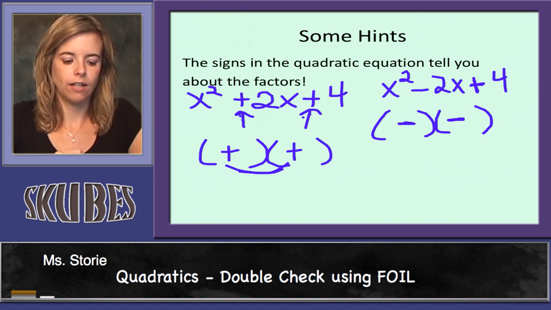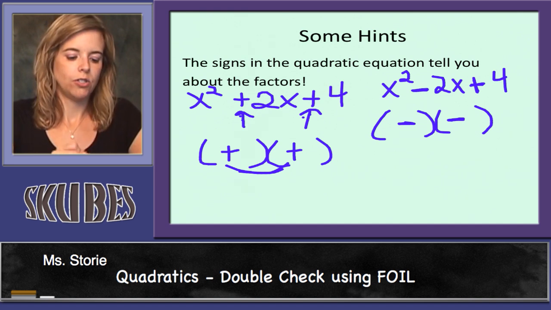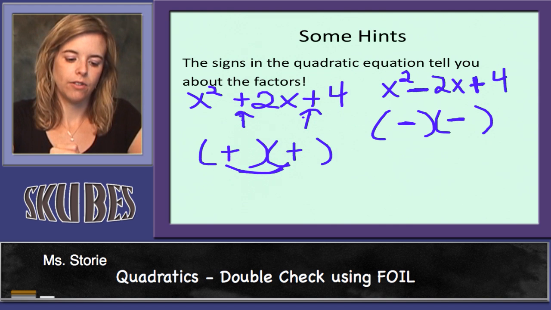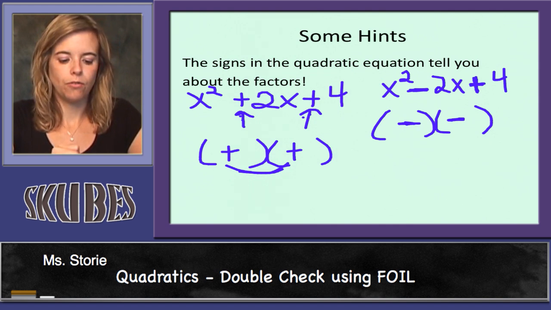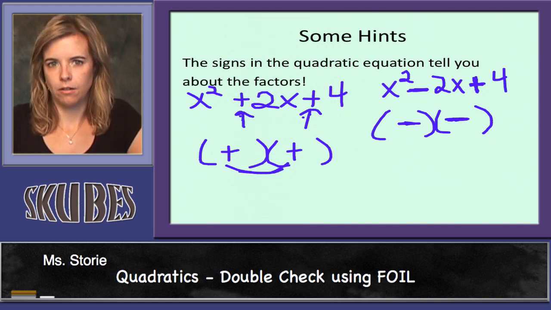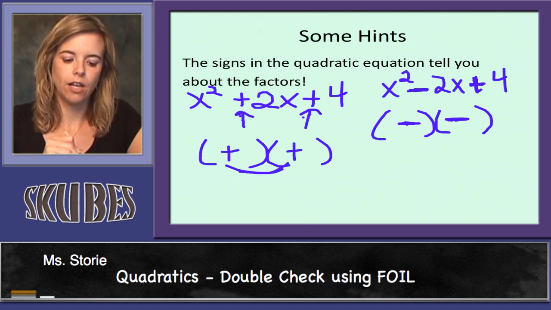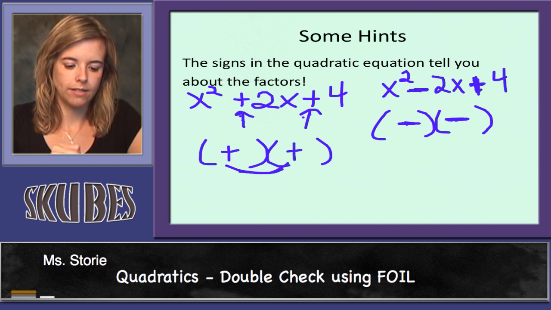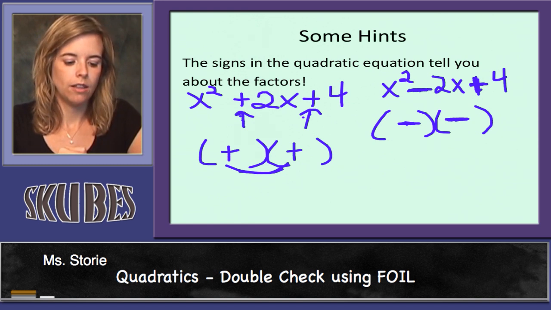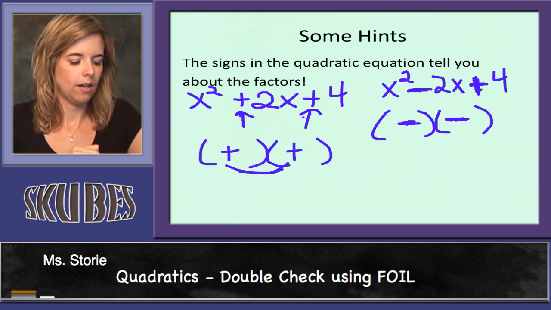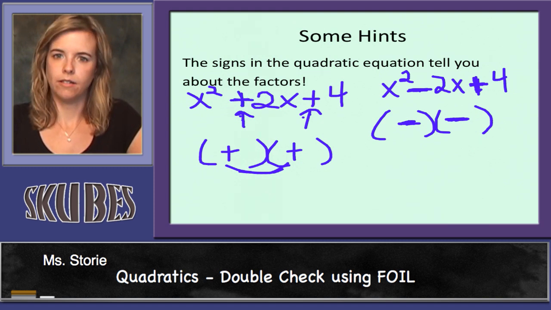So a negative plus another negative is going to give you a negative. So if you see a negative here and a positive here, both of your factors, your binomials, are going to have negatives in them. In other words, positive tells you same signs, and this one tells you what they are. Positive means both signs are the same, they're both negative, and that's how it worked. Positive told me both signs are the same, and positive told me they're both positives.